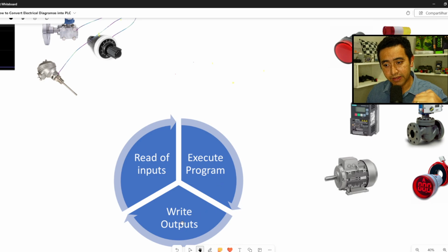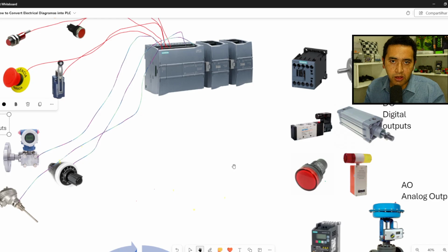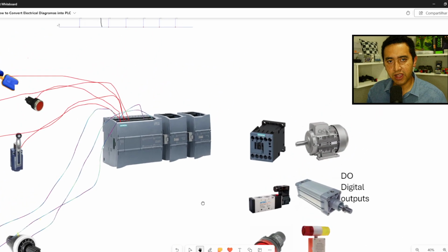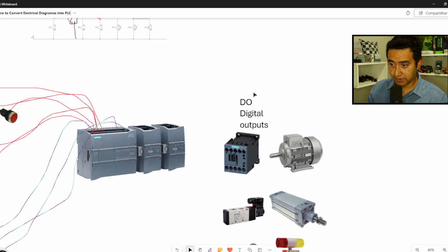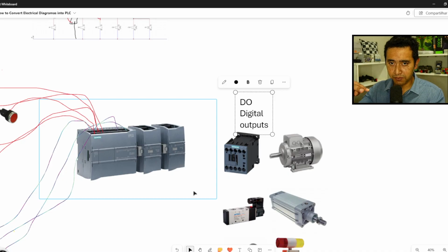Then my outputs also are going to be signals. Then we have two types of output signals. We have digital outputs and analog outputs. How can I see this? Think about anything that has two possible states.